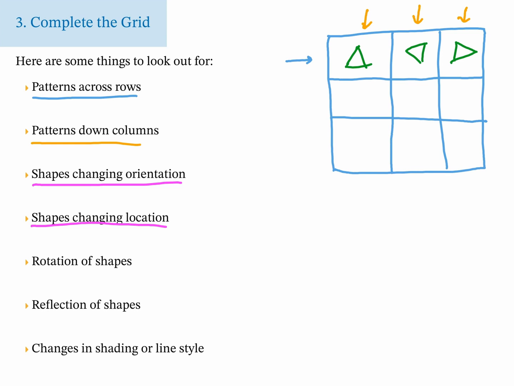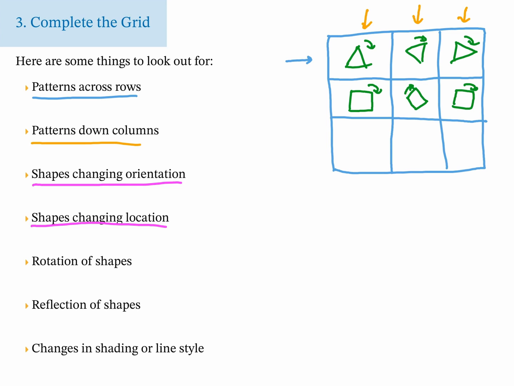Well, we notice that as we go from left to right, the triangle rotates a little bit. And ideally, the figure will be clear enough that we can work out exactly how much it's rotated by. And we'd maybe spot a similar pattern, let's say, in the next row here, where this square starts out by rotating a little bit so that it rotates clockwise in the same way as the triangles in the first row.